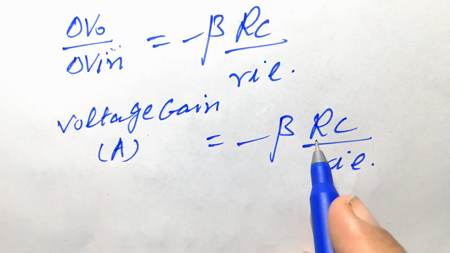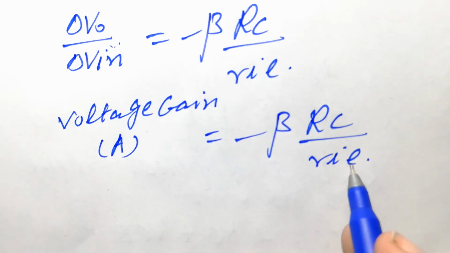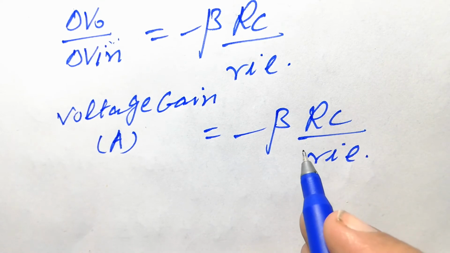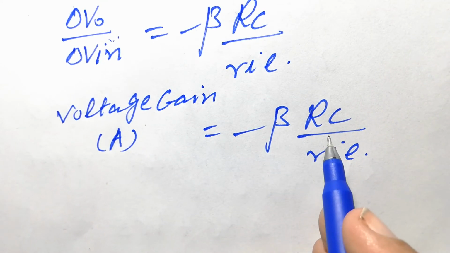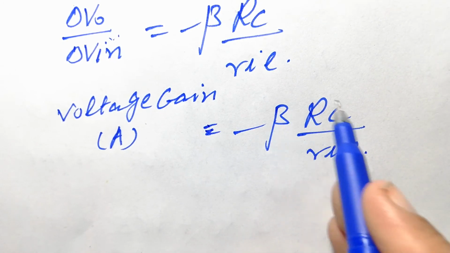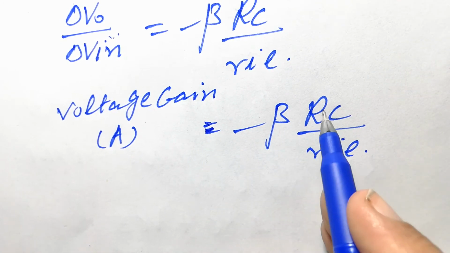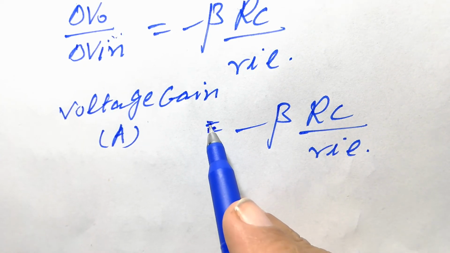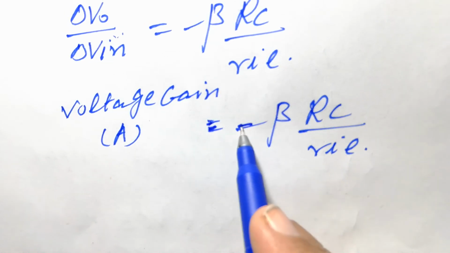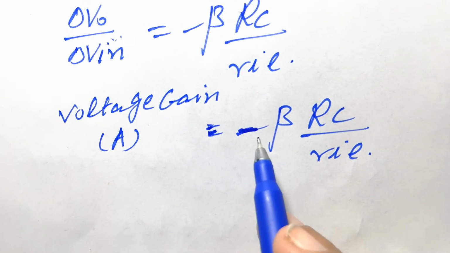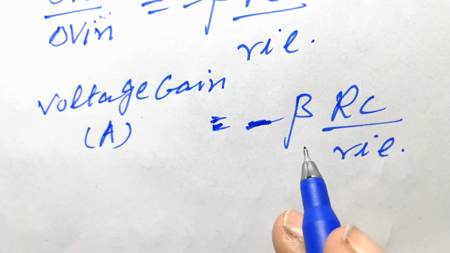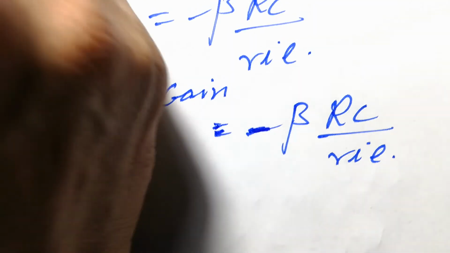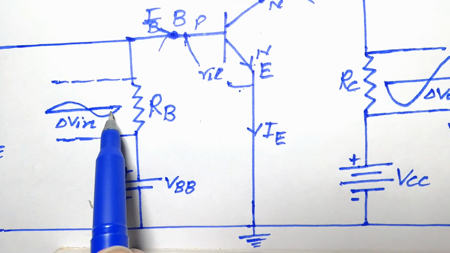The value of the factor beta RC over RIE is of the order of hundreds, so the input voltage is amplified. This negative sign shows that the input signal is inverted; there is a phase shift of 180 degrees.